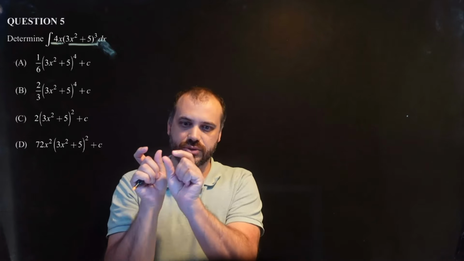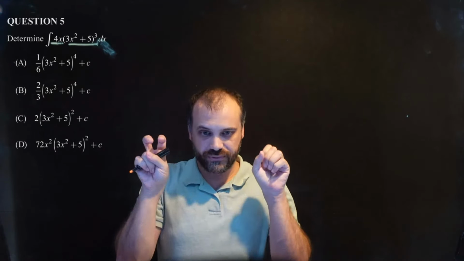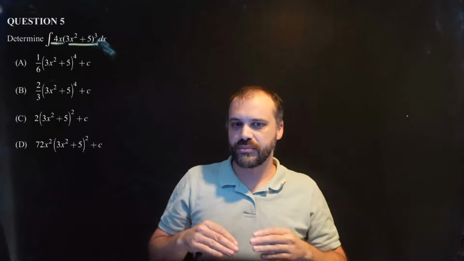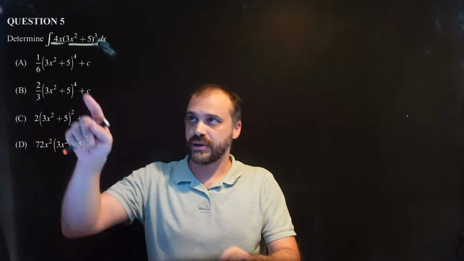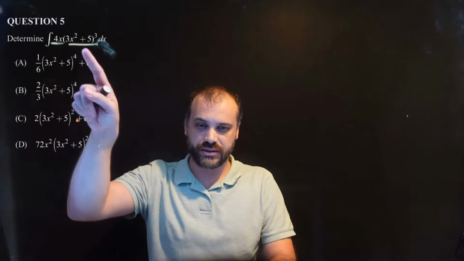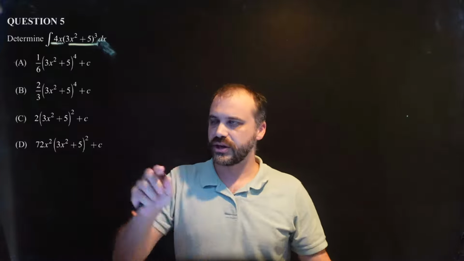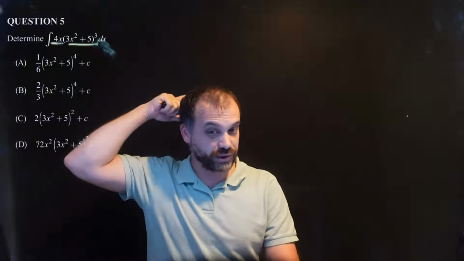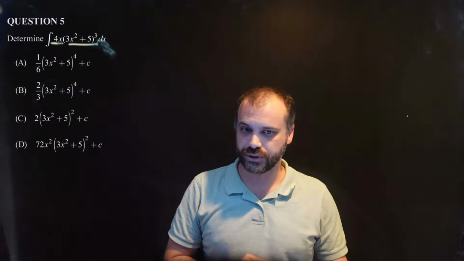4x and 3x squared plus 5. 4x is a derivative of 3x squared plus 5. And when I say it's a derivative, I mean it's a multiple of a derivative. It's not the exact derivative, but x and x squared are derivatives of each other. Okay, so now that I know that, whichever one is the higher power, so 3x squared plus 5, I'm going to take that, I'm going to let it equal u.